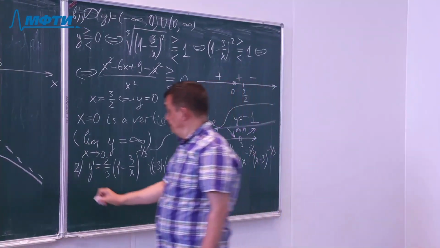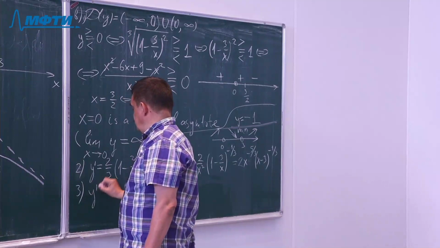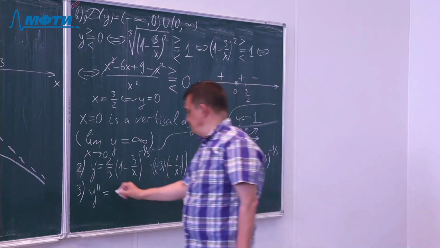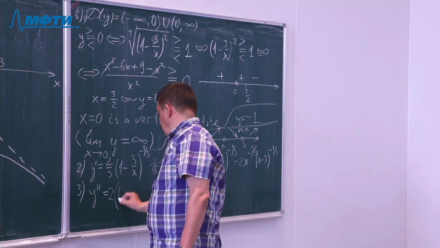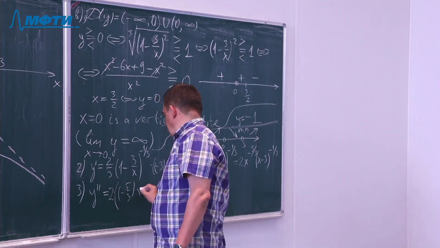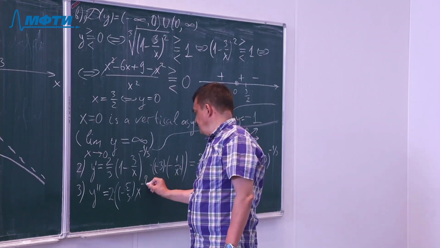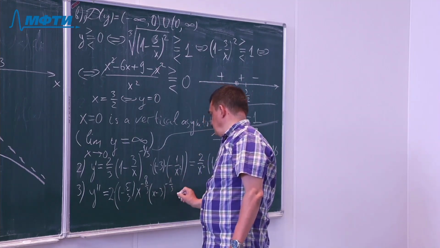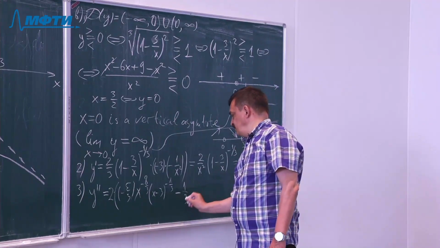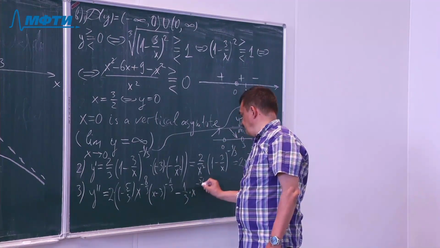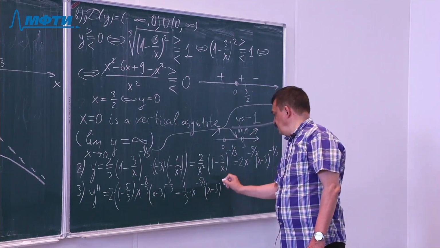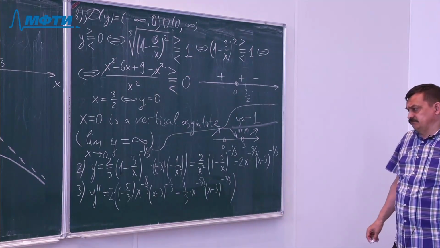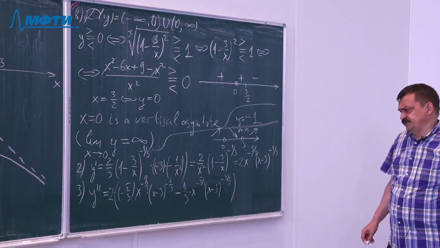Okay. Third stage. Let's look at y double prime. It's better to use the last representation. So 2 times minus 5 over 3 x power minus 8 over 3, x minus 3 power minus 1 over 3, minus 1 over 3 times x power minus 5 over 3, x minus 3 power minus 4 over 3. So we can take a common denominator.